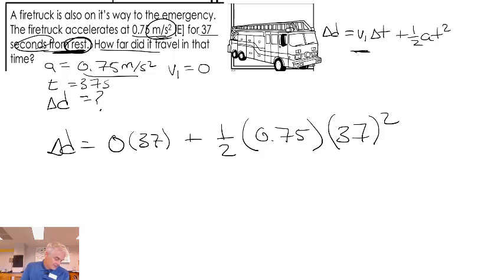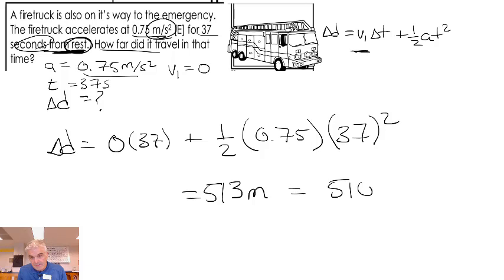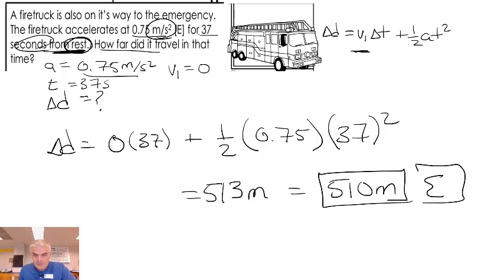So it's 37 squared times 0.75 divided by 2. And I get 513 meters. Probably with significant figures, I'm going to round that down to 510 meters because I can only keep 2 significant digits. You might want to just say 510 and make a note. I haven't really been specific. That's going to be to the east, right?